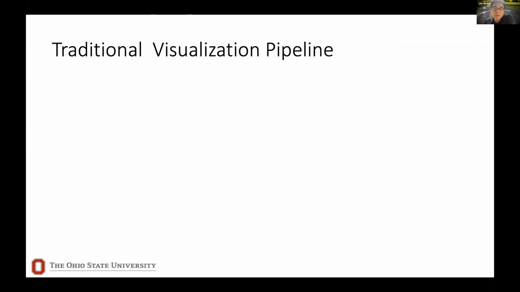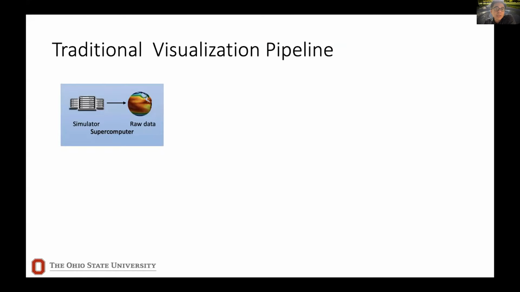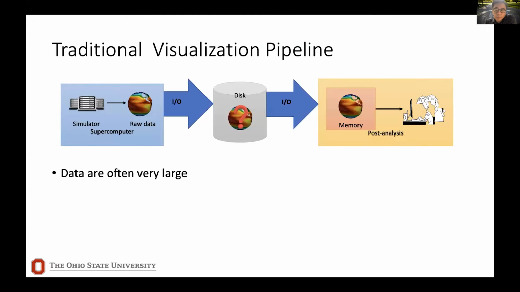So I want to talk a little bit about the general visualization pipeline that we are concerned with. Basically, scientific visualization is mainly to deal with supercomputer simulations. As supercomputers become more and more powerful, as you know, the size of data becomes really big, right?